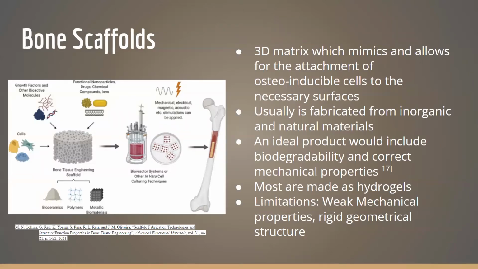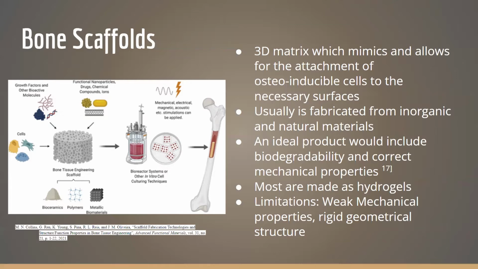Bone scaffolds, as stated earlier, are 3D biomaterials which allow for a more promising surface for proper regeneration of tissues. It is a matrix that mimics and allows for the attachment of osteoinducible cells to any necessary surfaces. The fabrication material generally includes those that are inorganic as well as organic.